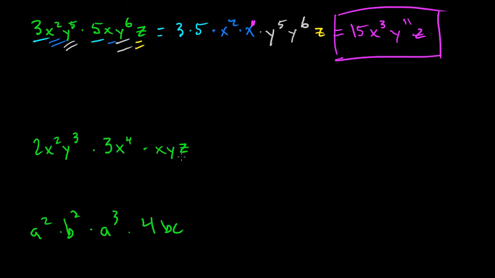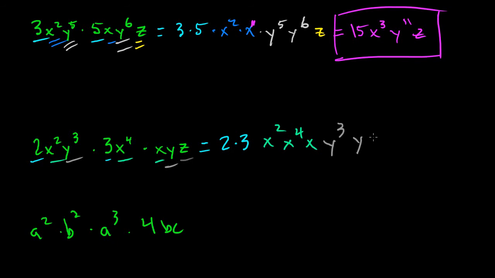To solve the next expression, again, we can put all of the bases that are like next to each other. So I'm going to start with 2 times 3. Then all the x's next to each other. So I have x squared times x to the fourth times x. The y's next. Y to the third times y.